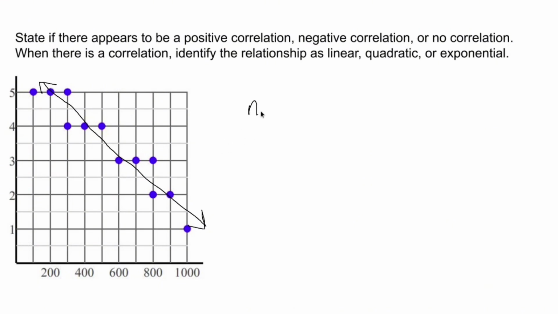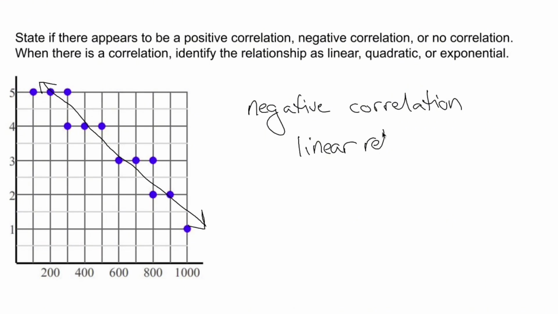By doing that, we recognize that that is a negative correlation. And since I can draw a straight line that seems to best fit the data, that is a linear relationship. Pretty strong linear relationship. It's obvious where these dots are going. So I would say that is a strong negative linear relationship. Fun.